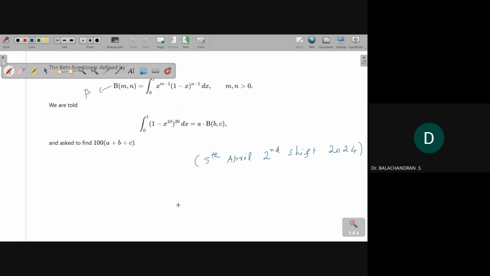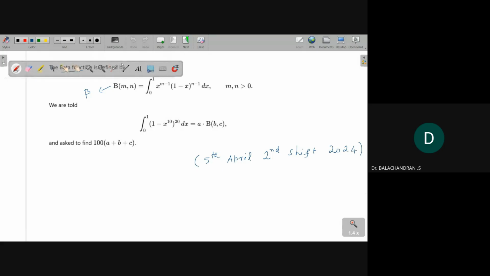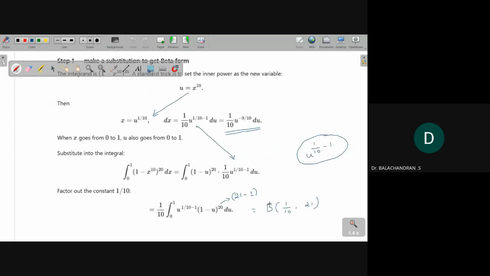Actually, the beta function is the integral 0 to 1 x power m minus 1 into 1 minus x whole power n minus 1. So m minus 1, n minus 1. That is the reason I am writing the powers in terms of minus 1. So here 1 by 10 minus 1, and here 21 minus 1.